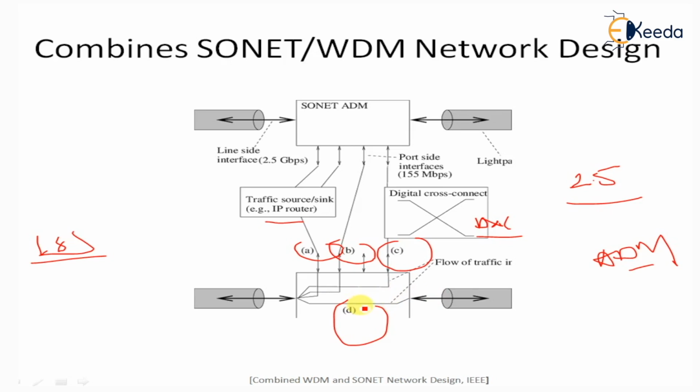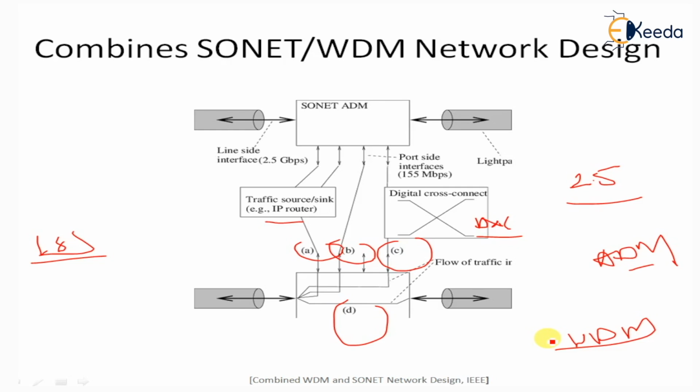The physical topology comprises nodes interconnected via WDM links. The traffic pattern between the sites consists of a number of low speed traffic streams.